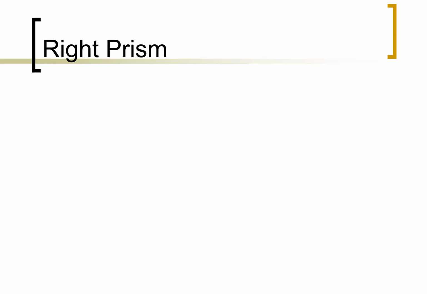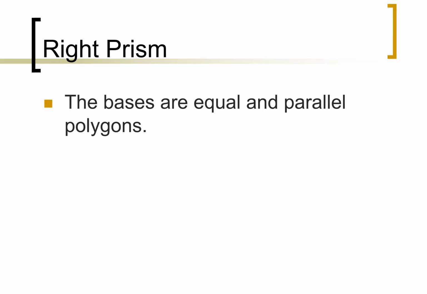A right prism has bases that are equal and parallel polygons. Just like the very first shape we drew, a square-based or rectangular-based prism. I've drawn it as a parallelogram, but that's because I'm getting kind of a side view or an angled view of my rectangle. If we draw the exact same one above and then connect corresponding vertices, you end up getting a 3-dimensional rectangular based prism.